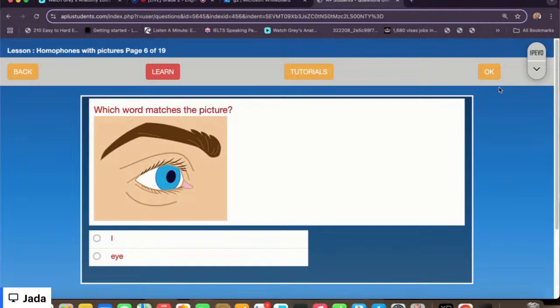Then we have I and I. So which one? I. So it has to be this.